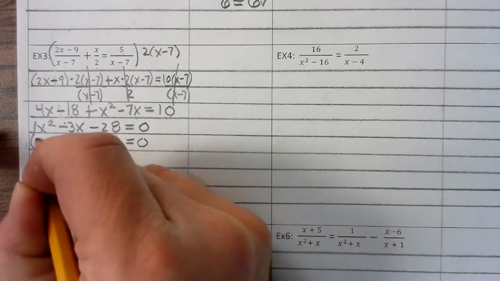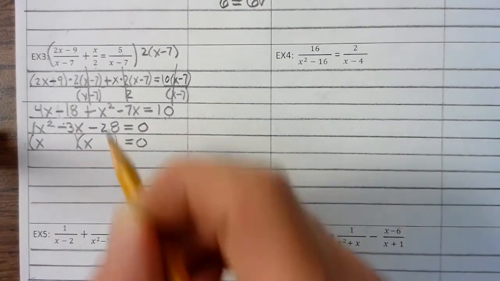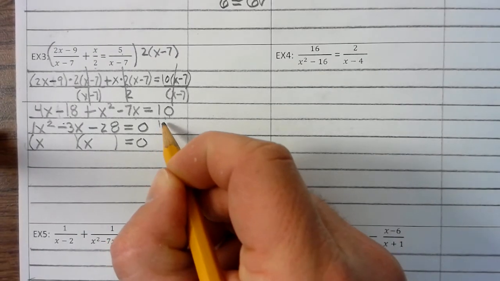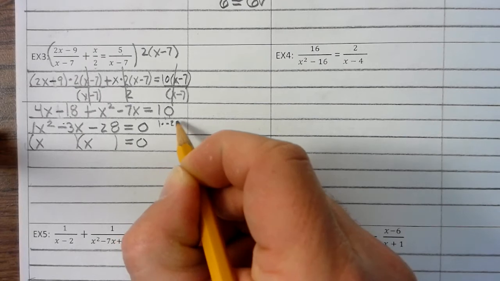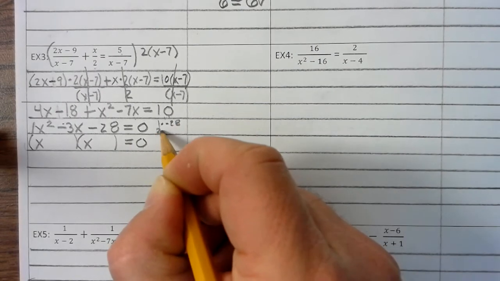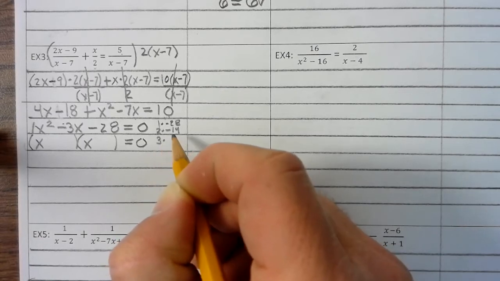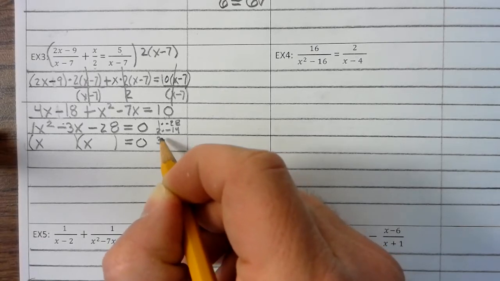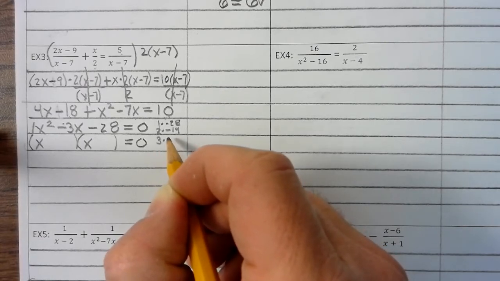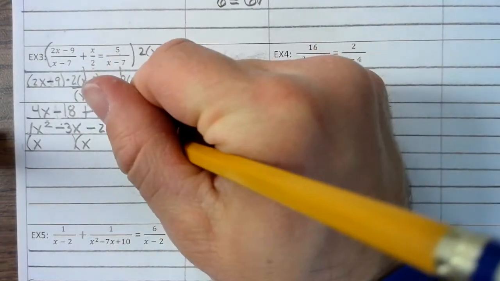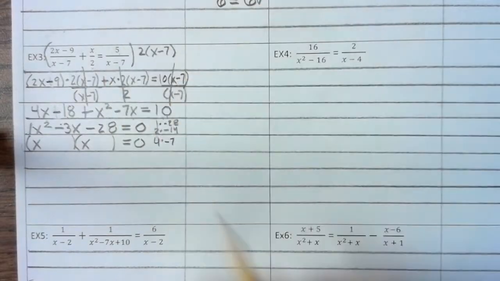Now at this point we're going to try to factor. All right, so we know x and x. Now we look for all the combinations of negative 28. So 1 times negative 28, 2 times negative 14, 3 times, doesn't work I don't think, so 4 times negative 7 works.